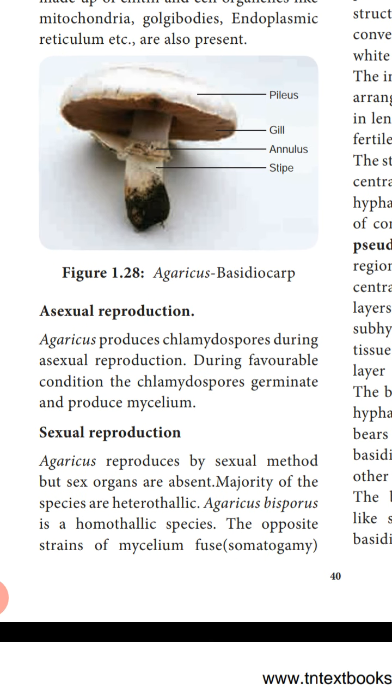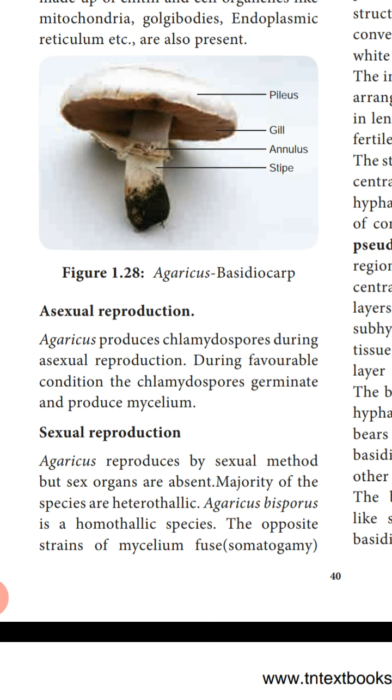Next we are going to study reproduction in Agaricus. In Agaricus, asexual reproduction takes place by chlamydospores. When favorable conditions come, these chlamydospores germinate and give rise to the mycelium. Sexual reproduction in Agaricus takes place, but it is not a true form of sexual reproduction because no sex organs and no sex cells are present.